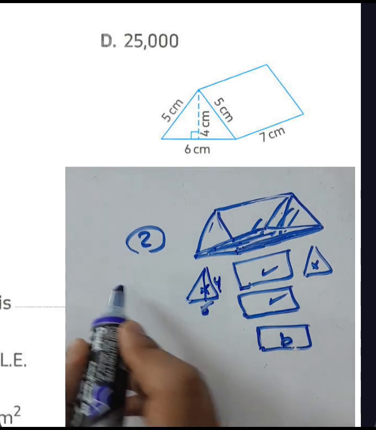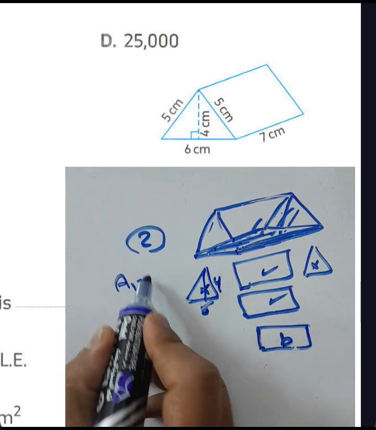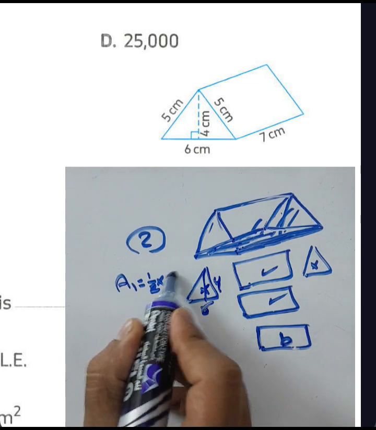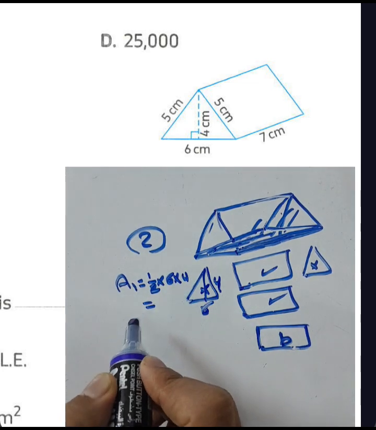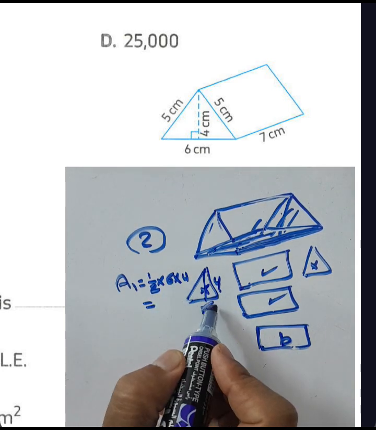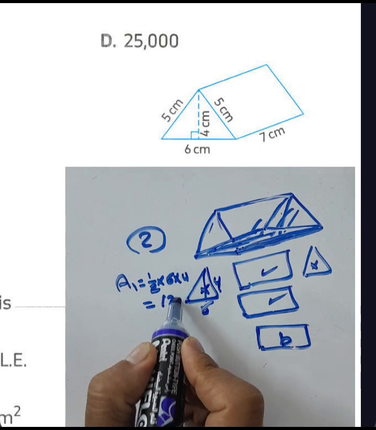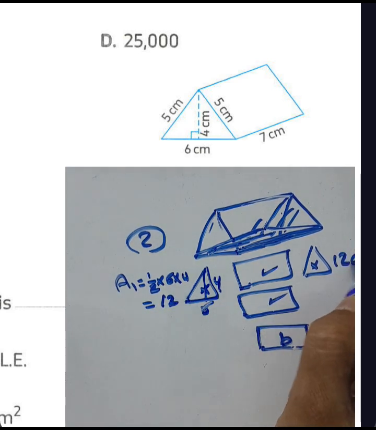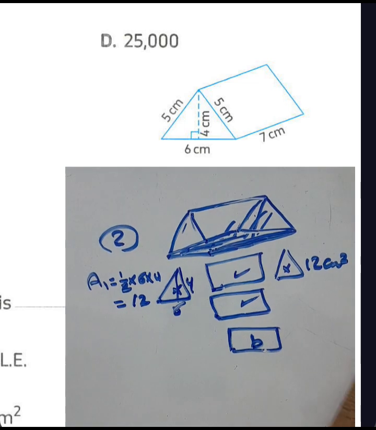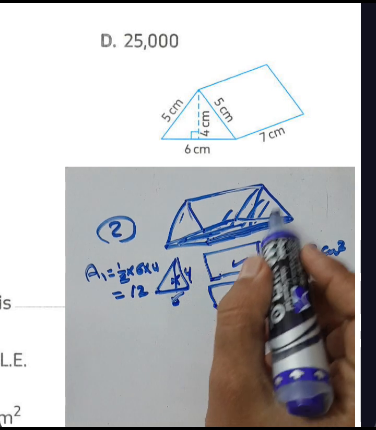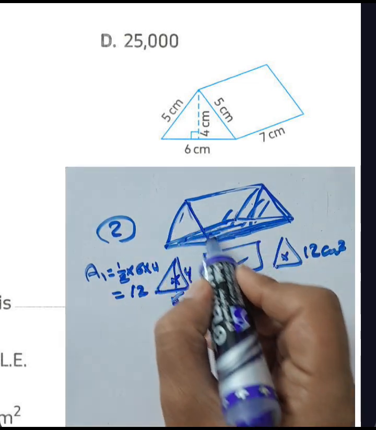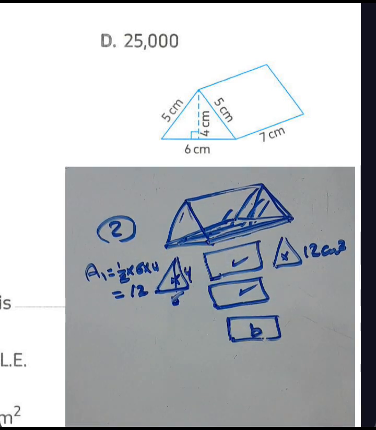Then we can find the area of this triangle: half multiplied by the base multiplied by the height, half of 6 is 3, times 4 is 12. Then the area of this triangle again will be 12 square centimeter. And the area of this rectangle is length times width.